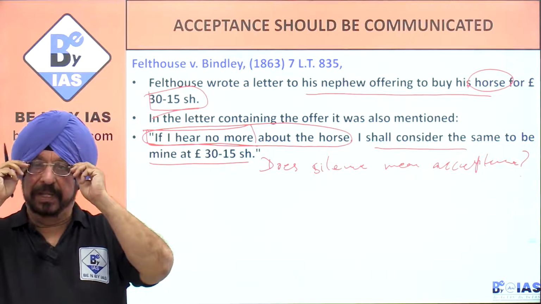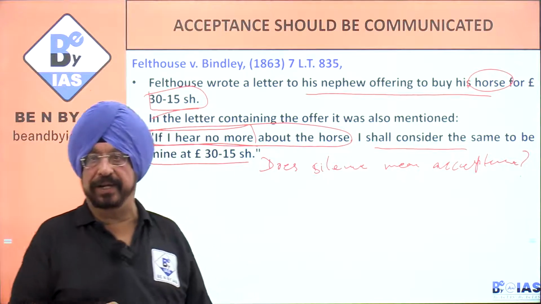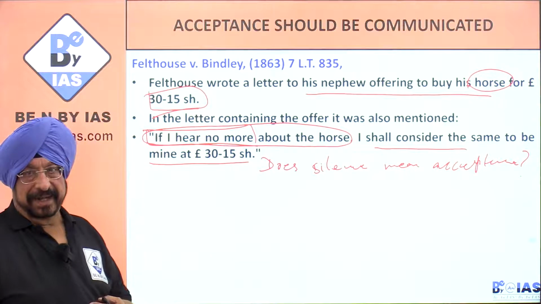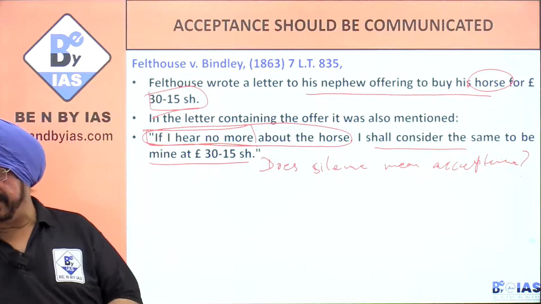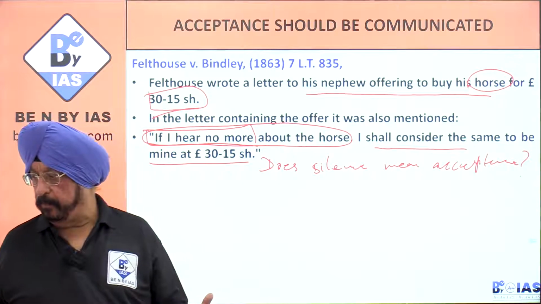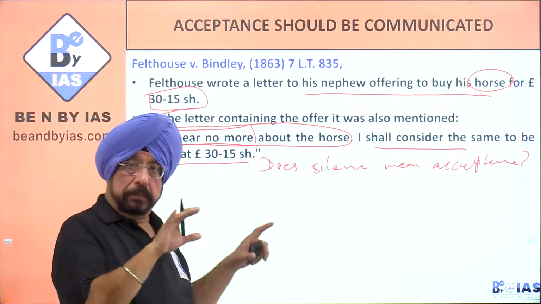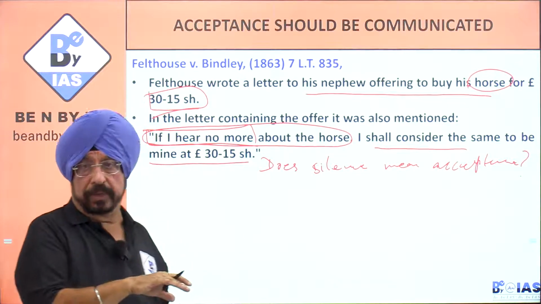Now, in silence anything can be there. We may say no, I am still considering. Did I ever communicate? It can be expressed or implied, but that must be mentioned in the offer.